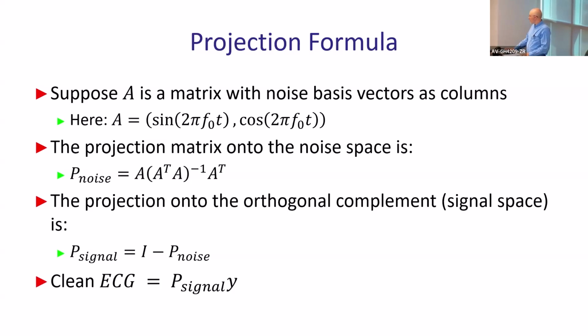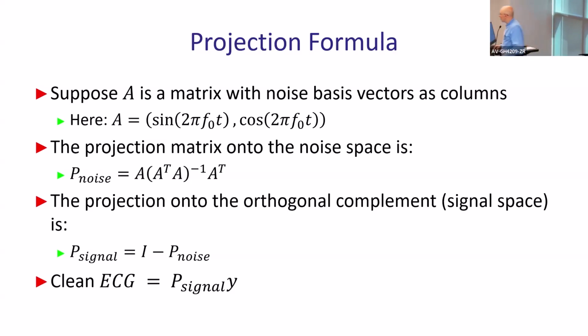So P signal equals 1 minus P noise. Are you asking about the second line at the bottom? P signal equals I, the identity matrix, minus matrix P noise. Why is that?